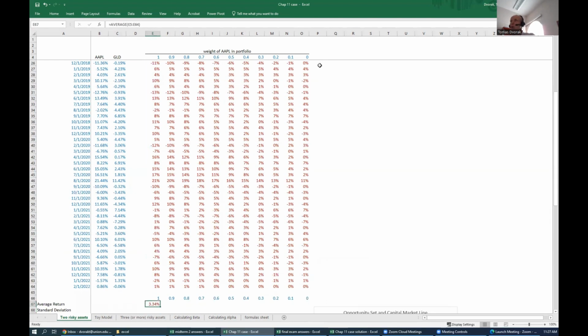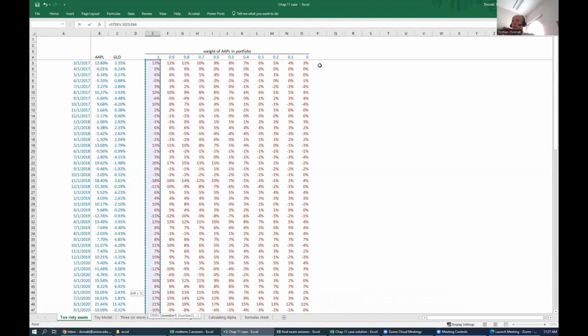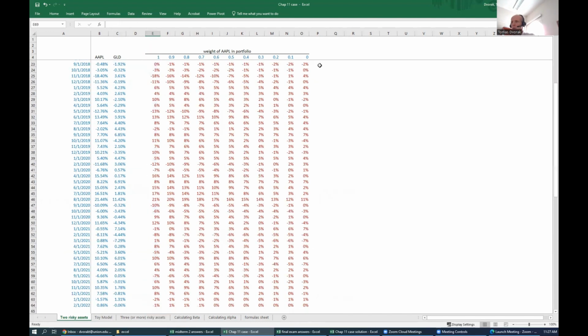That's the average return. If we do 100% Apple, let's calculate the standard deviation using the sample formula, again using that same range of cells.